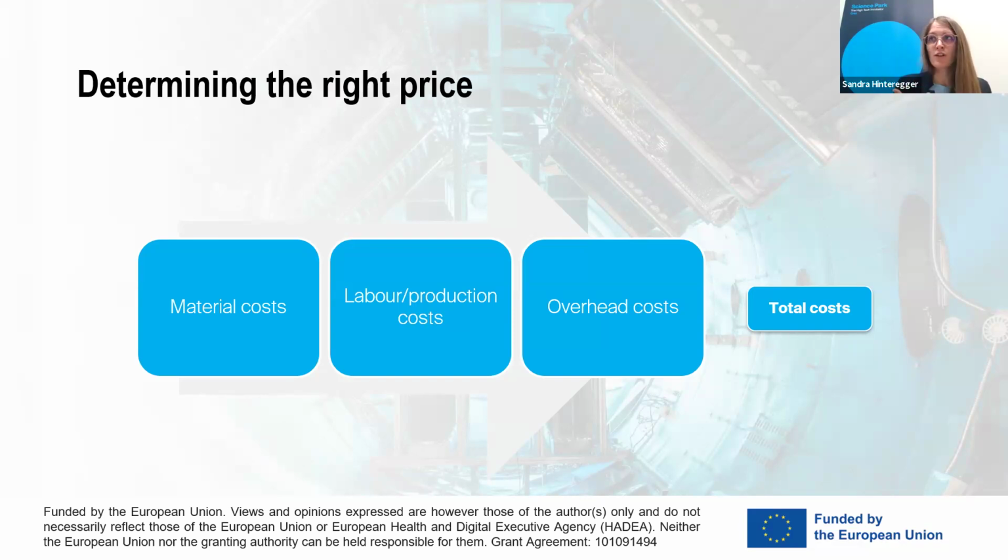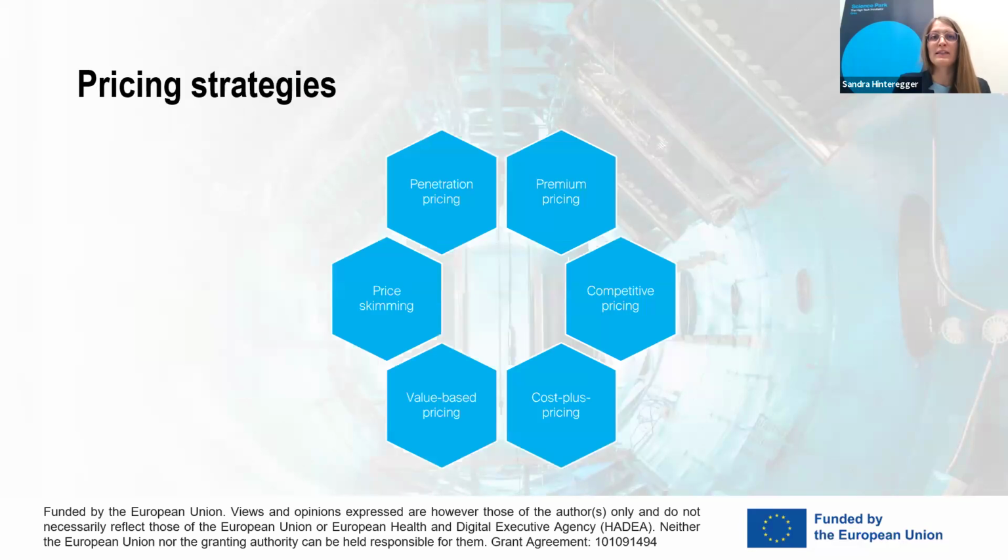But are the costs the only thing we need to consider when we determine our price? Normally not. There are also other considerations we have to take into account, like for instance, what customers are willing to pay, what our competitors charge for the products, and so on. And therefore different pricing strategies exist.